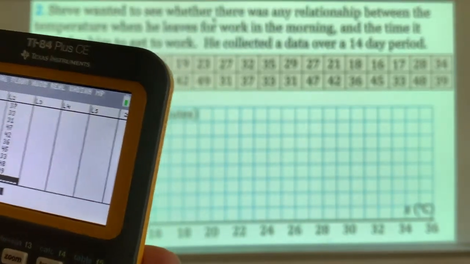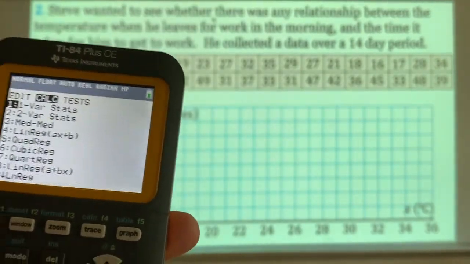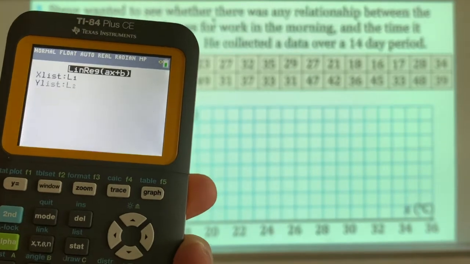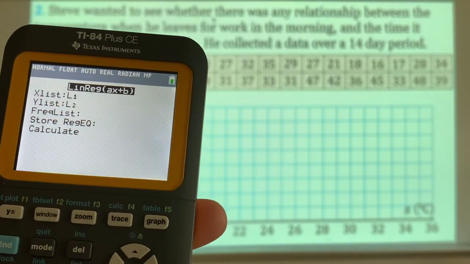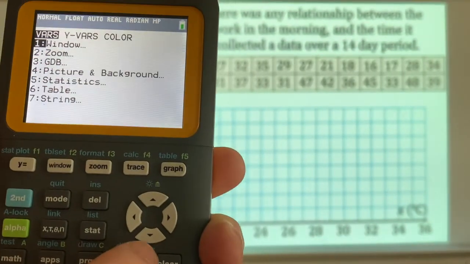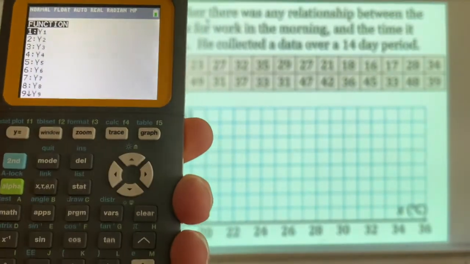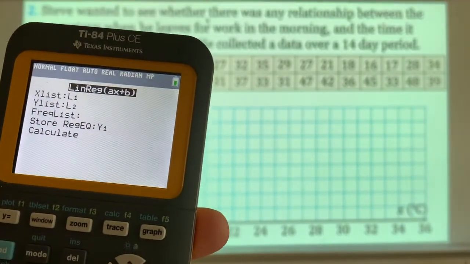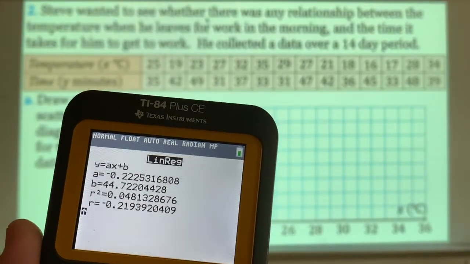Oh, I didn't put it in there. Did it too quick. Stat, calc. I'm going to do my linreg. Store. That's when I hit my vars. See, this is new to me too. Y vars, function, Y1. All right, calculate. We don't care about this right now, but what we do care about is second, stat plot.